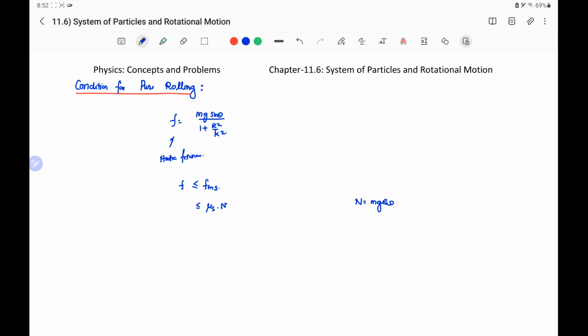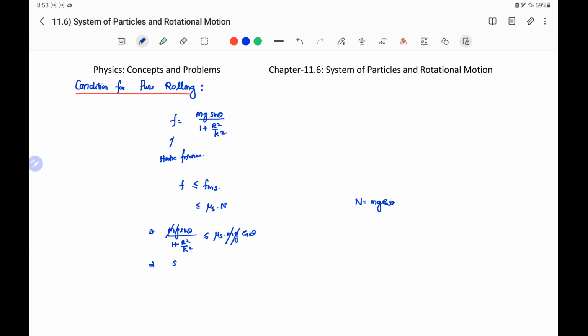Now substituting the value of the friction F and the normal reaction, we will have mg sin theta divided by 1 plus r square by k square is less than or equal to mu s into mg cos theta. On both sides mg is common, so it gets cancelled.